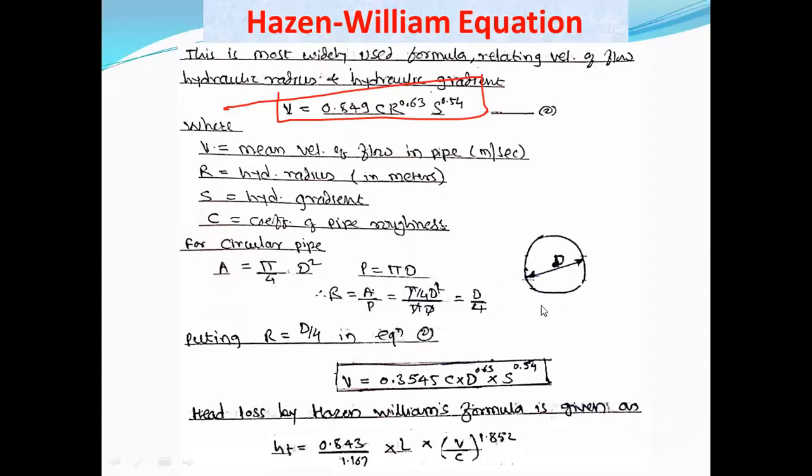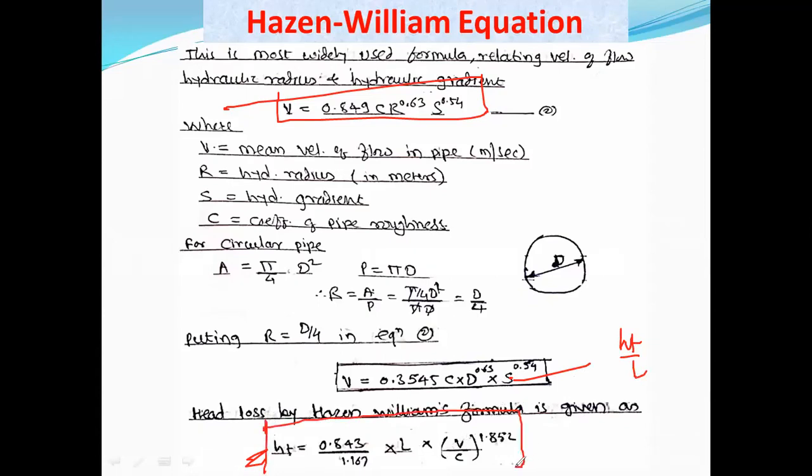Now the last equation here, you can see this equation. Now instead of S, this S has been converted in terms of HF by L. Here we put HF by L, and after simplification you will get the final equation like this.